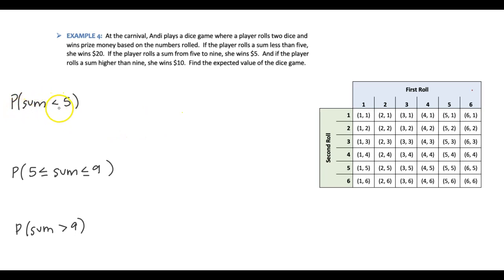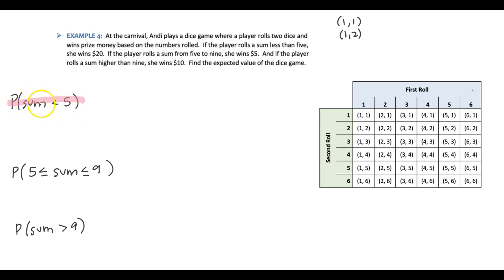So for example, a sum less than 5, the roll 1, 1 would work, or 1, 2, and we could keep going in an orderly fashion. I went ahead and put our table of first roll compared to second roll, so maybe it would be a little quicker just to highlight the ones that are the sum less than 5.